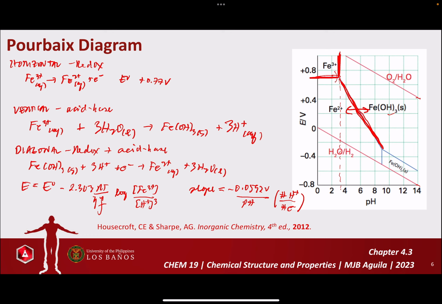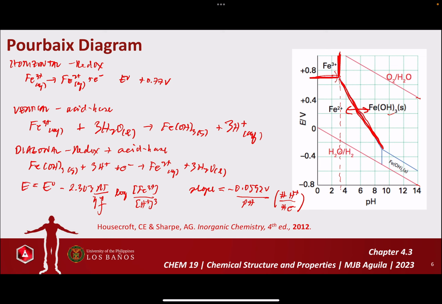So you can see, based on the Pourbaix diagram, that iron is actually not very stable in water, or iron metal is not a stable form of iron in water, because you can see that the region of immunity, iron metal, is not found within the practical region of stability.